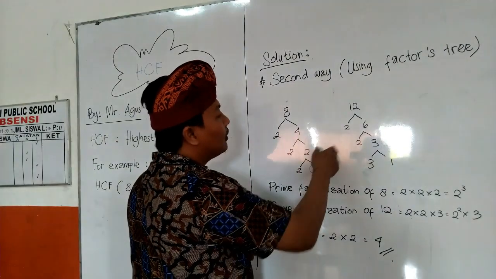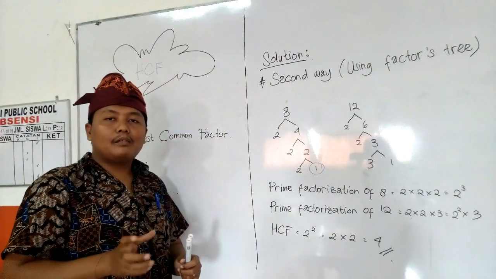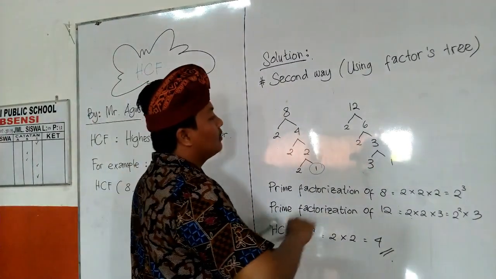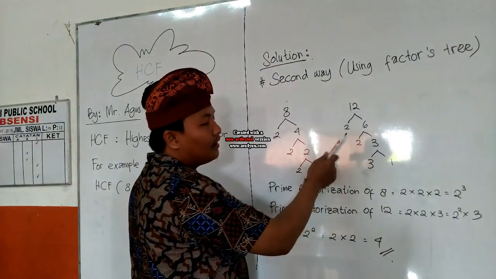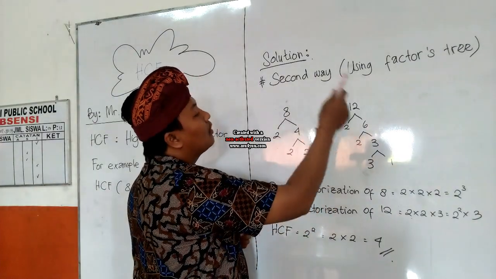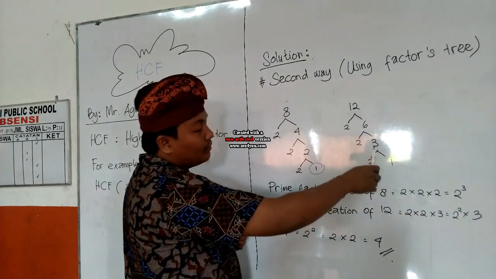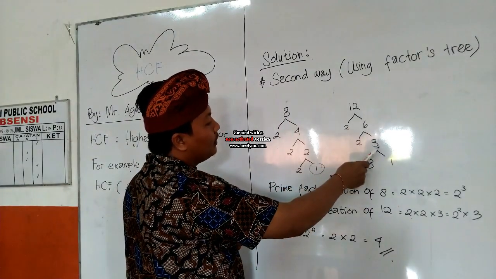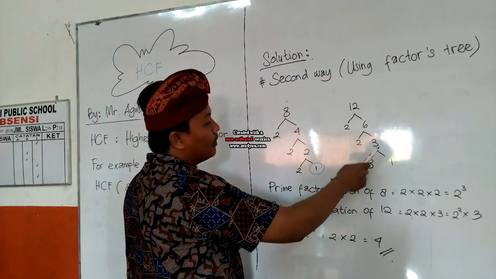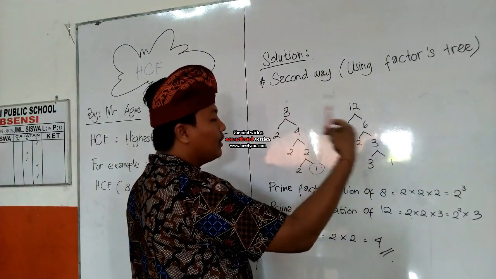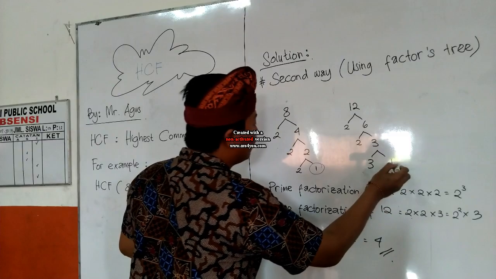Start from the lowest prime number. So, 12 divided by 2 equals 6. Continue that process again, and you will get 3 when dividing 6 by 2. Then 3 divided by 3, you will get 1. Stop the process when you get 1.